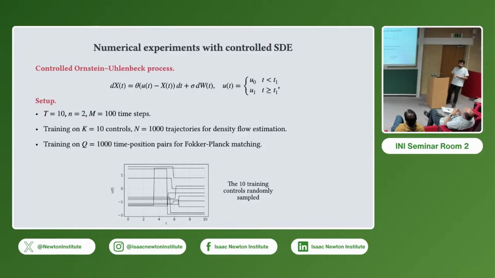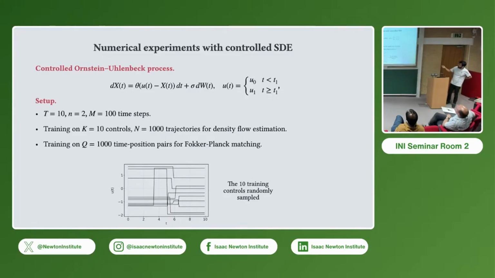Here you sample a finite set of controls. I consider this SDE, which is an Ornstein-Uhlenbeck SDE, linear in the states and in the control. The controls here I consider only steps. So the parametrization of the space is the height of the steps and also the time where the second step arrives, so there are 3 parameters.